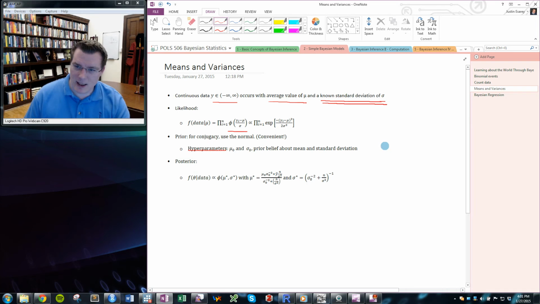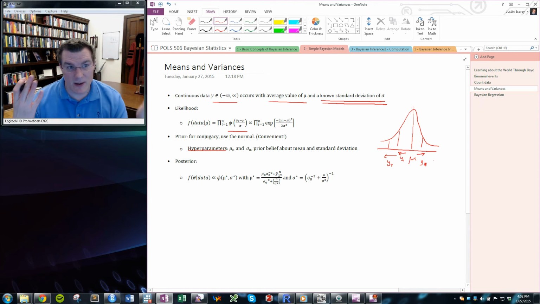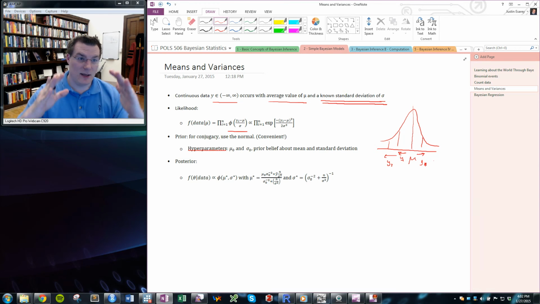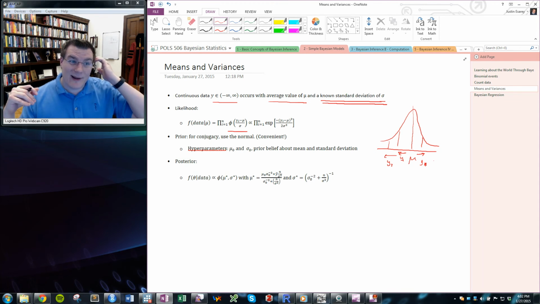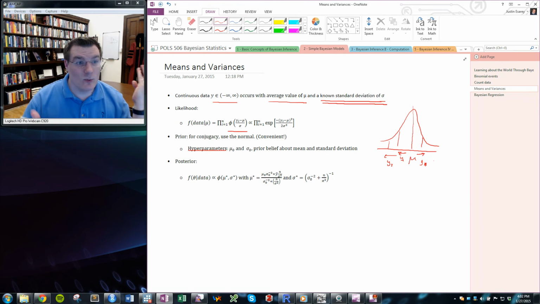So we're saying, if I've got some mu here, then my probability of observing some particular y is, in essence, proportional to the distance of that y from the purported mean. It's as simple as that. And the bigger the standard deviation is, the flatter that curve will appear, and so the more likelihood that events far from the mean will get.